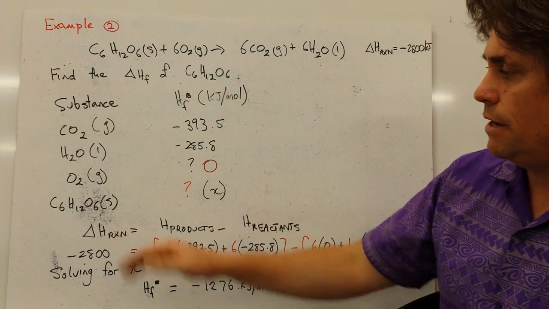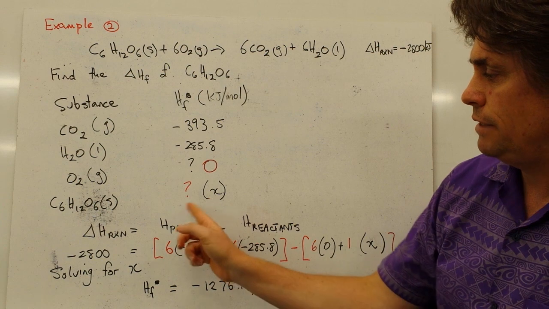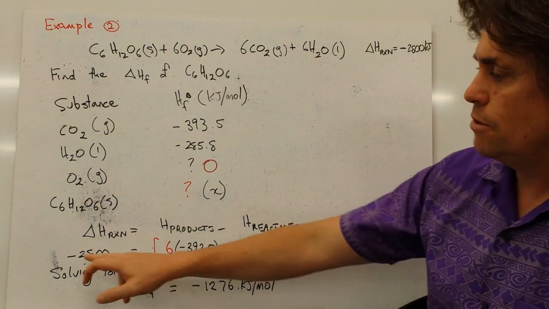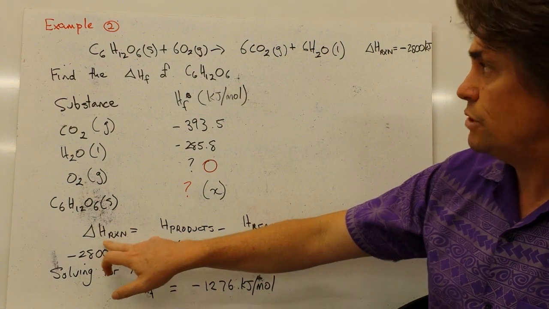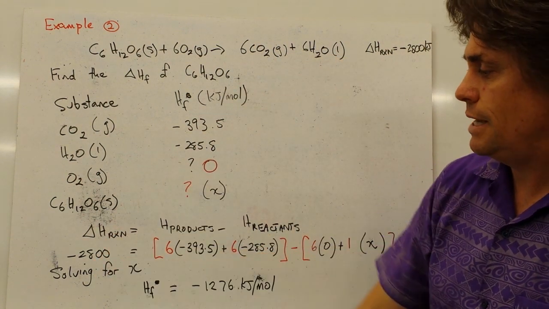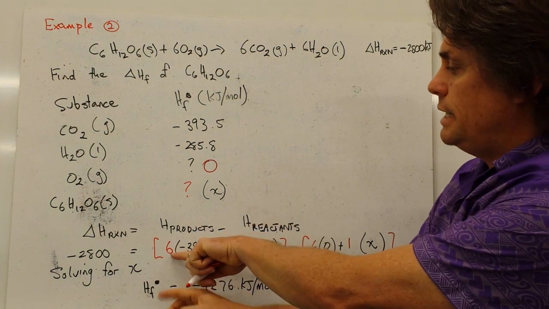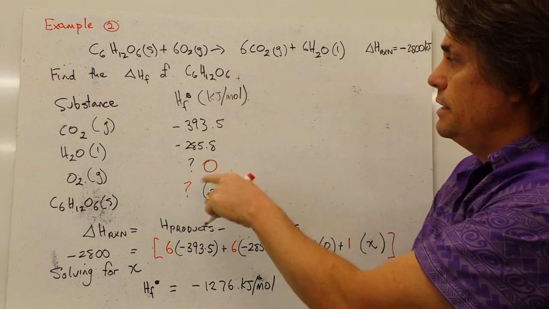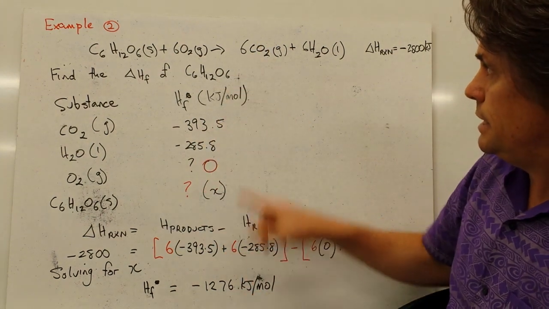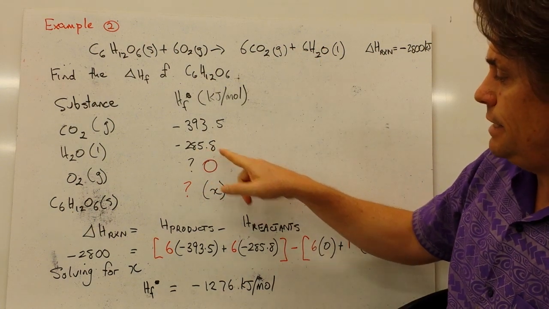So once again, we have our equation. Heat of reaction will equal the total heat for the products minus the total heat for the reactants. So minus 2,800, which we've been given from this particular equation up here, is equal to, this is our products, 6 moles of carbon dioxide, so 6 times the minus 393.5, plus 6 times the water, which is minus 285.8.